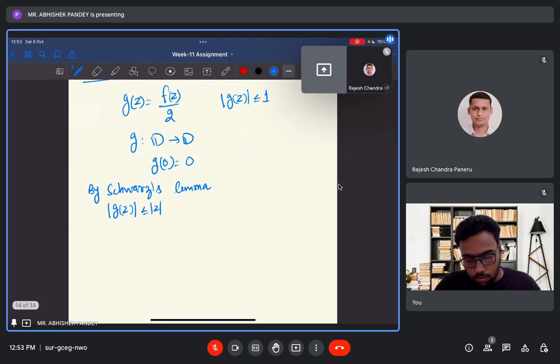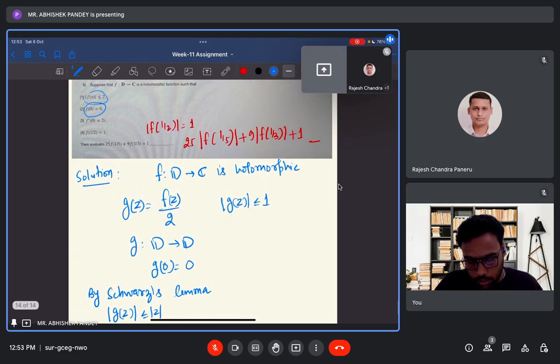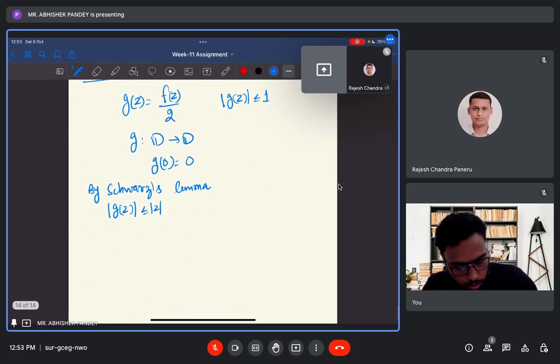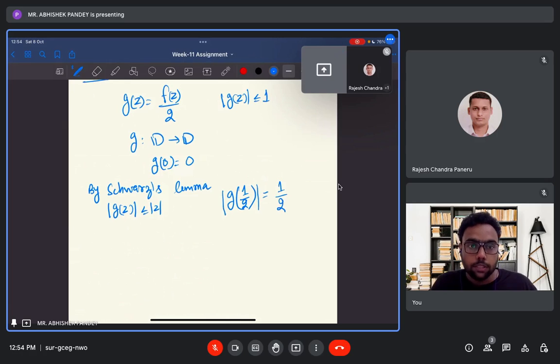Now you see g of 1 by 2. What will be modulus of g of 1 by 2? It will be 1 by 2, isn't it?